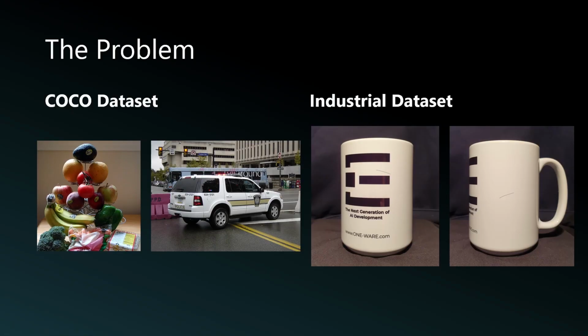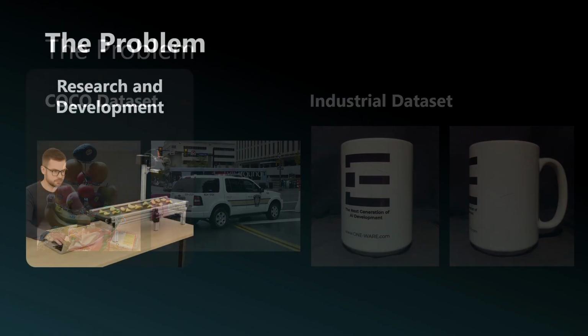And they only try to detect one type of class, and all the images look quite similar. And because of the difference between those types of problems, those standard models that are quite universal don't work that great on narrow tasks.